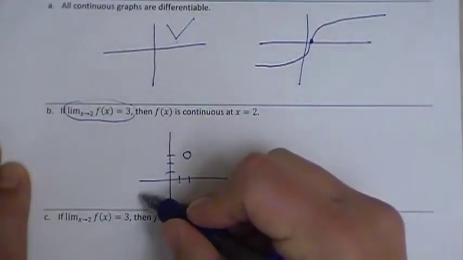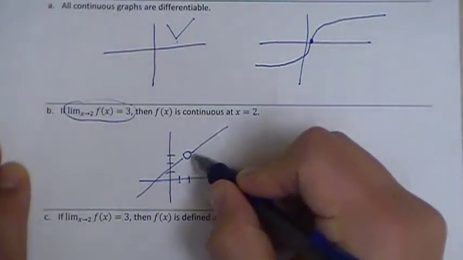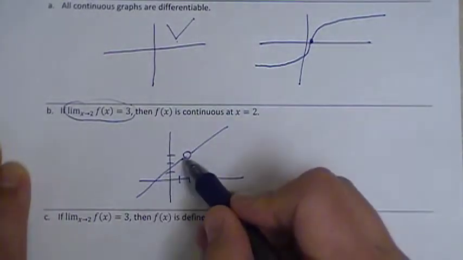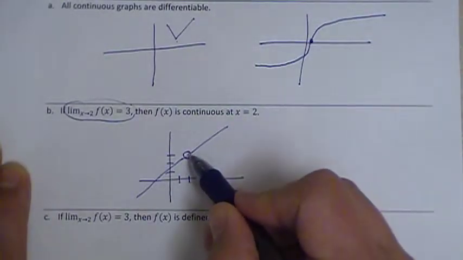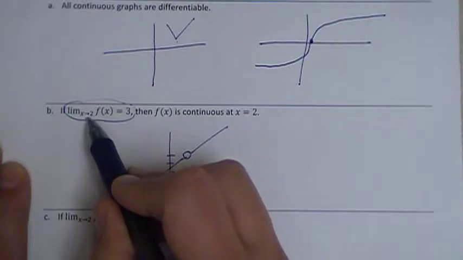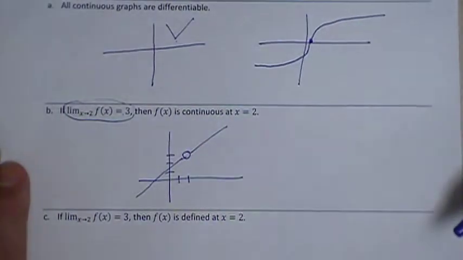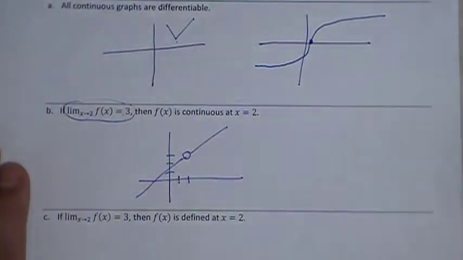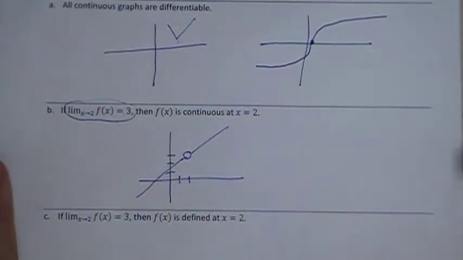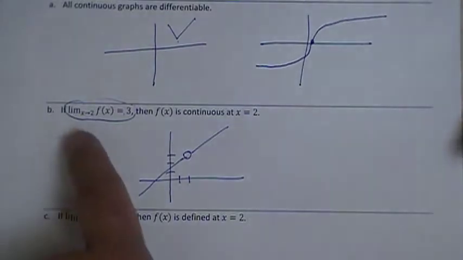As long as I approach this point from both sides, approaching that y value from the left and from the right, my limit as I approach 2 is definitely 3. If I don't fill this hole in, my graph is discontinuous, not continuous at 2. So this graph serves as a counterexample to this claim.